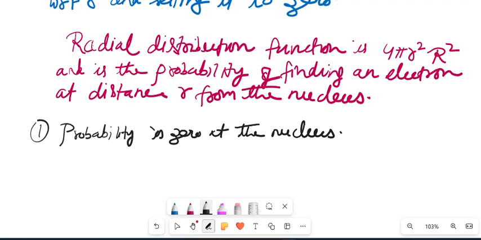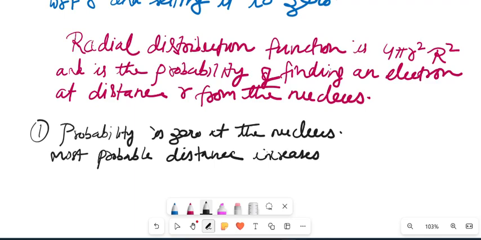And the most probable distance, meaning the distance at which the probability is maximum, increases markedly as the principal quantum number increases.